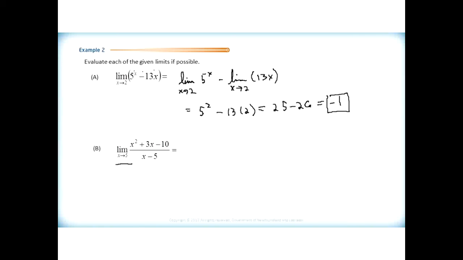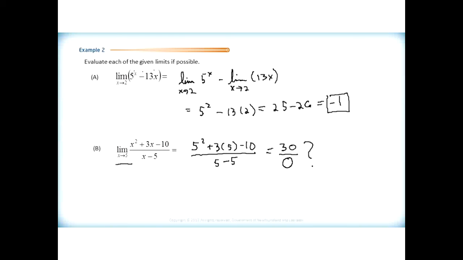And if we try that here, we get 5 squared plus 3 by 5 minus 10 all over 5 minus 5. Aha! So in the numerator, we've got 25 plus 15, which is 40, minus 10 is 30. But in the denominator, we have 0. Uh-oh, that's undefined. What does that mean?